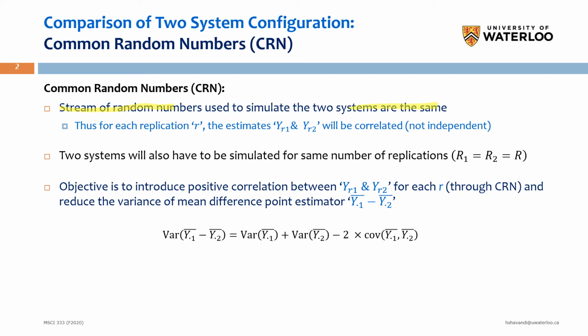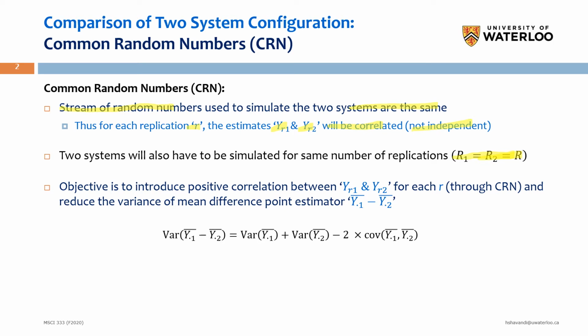So for each replication R, the estimates YR1 and YR2, since both use the same random numbers, will be somehow correlated. They're not independent anymore. The two systems will also have the same number of replications, R1 equals R2 equals R.